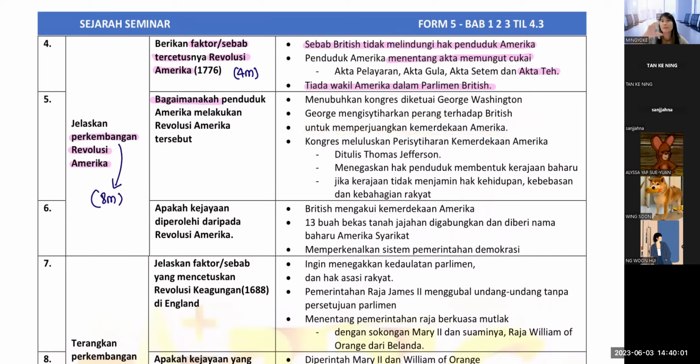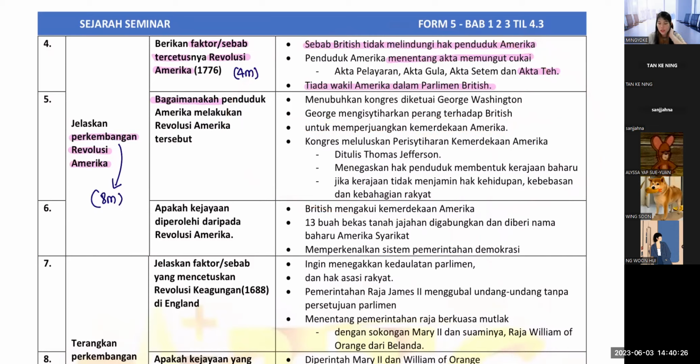Like that. You just continue sentence. You want to put whatever seterusnya, selain itu also can, you know. Tambahan pula, di samping itu, you know. No worry one. Sejarah is not like BM very grammar one. Yeah, just campur all together into one story like that. Correct.